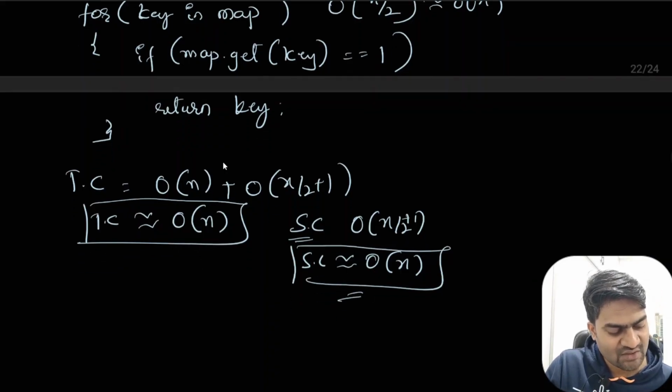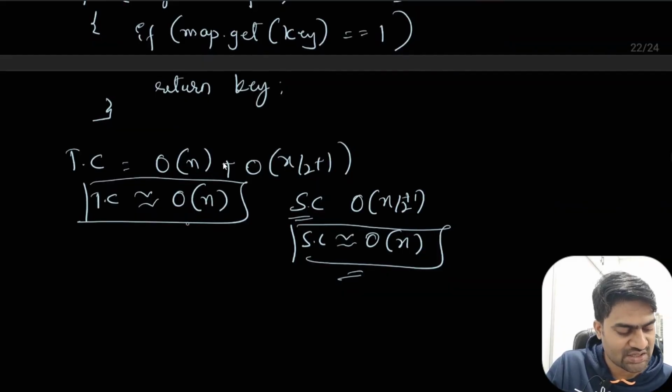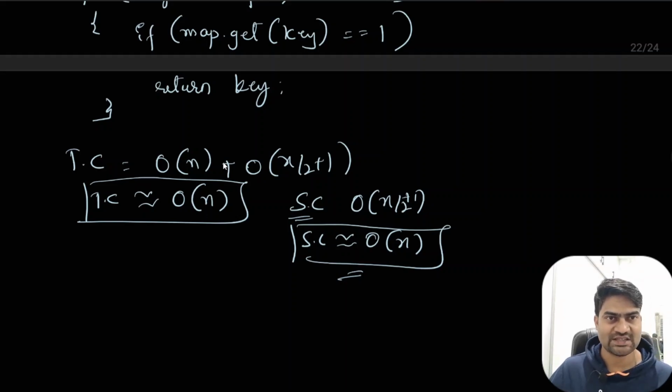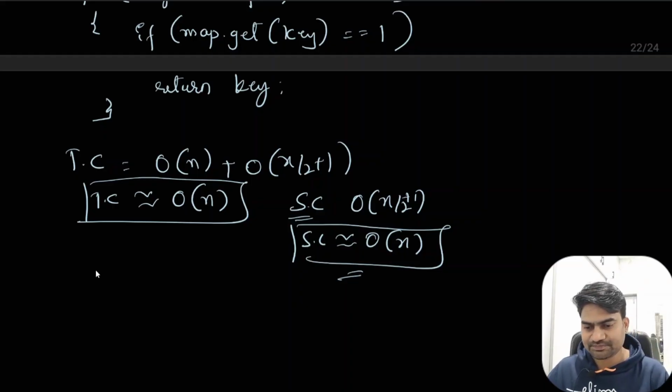We are able to find the solution in order n time complexity. So this is a slightly better solution compared to the other solution, because we find the answer in O of n time, but with some extra space. Okay, let us try to execute this and see.